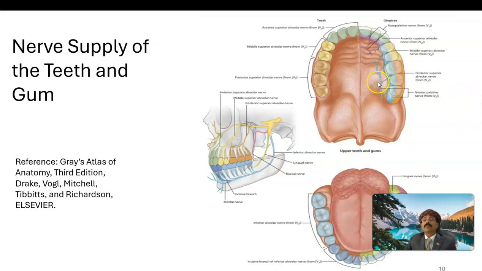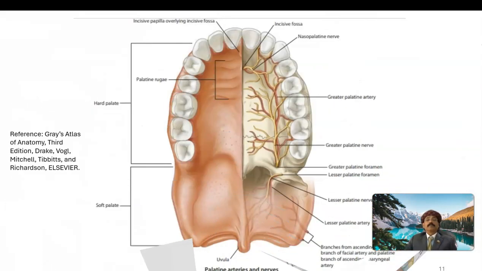For the hard palate, we have the greater palatine nerve and greater palatine artery. For the soft palate, the lesser palatine artery and lesser palatine nerve. Here also, artery and nerve.